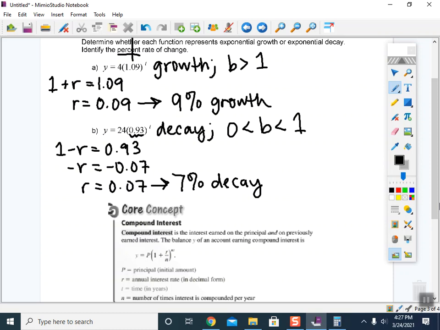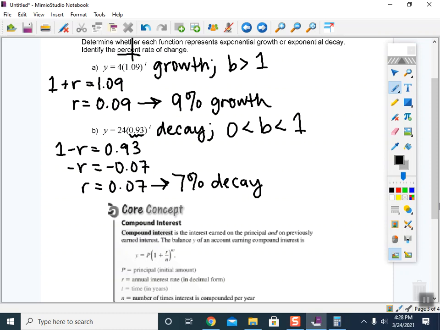You can do the math like this, 1 plus r equals 1.09, or you can just remember that I have 100% of whatever I have, and I am adding on to it. So I could look at that b value of 1.09 and tell you right away that it's a 9% growth, because I have an additional 0.09 in addition to my 1.